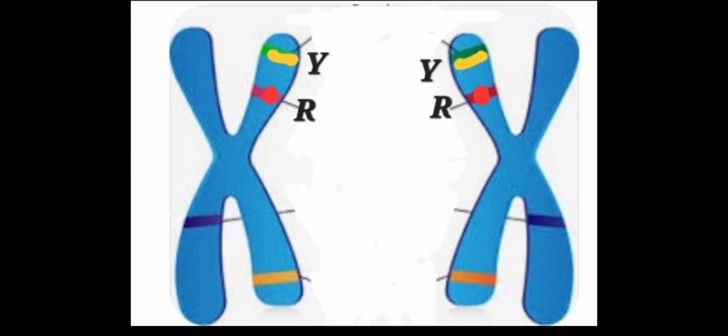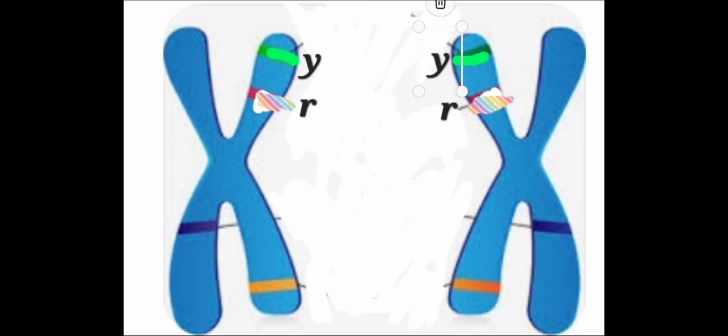Let's understand the process of recombination with the help of an interesting life situation. RY, say we consider it to be Rani and Yash, they went strolling one evening. Midway, Yash saw a poster of an action-packed movie.